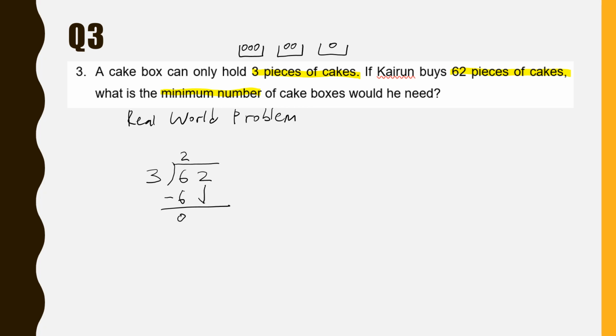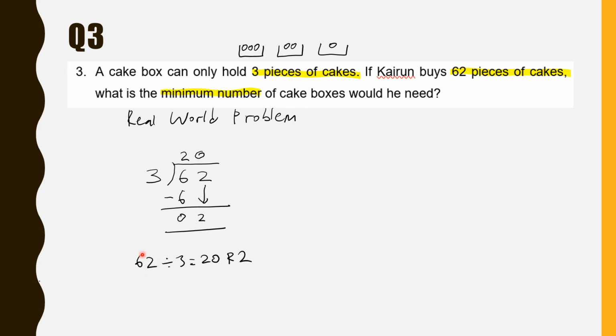Bring this down, and because 2 cannot divide by 3, here you put a 0, and actually you're done. So right now, 62 divided by 3, you get 20 remainder 2. Now let's make sense of this number sentence.